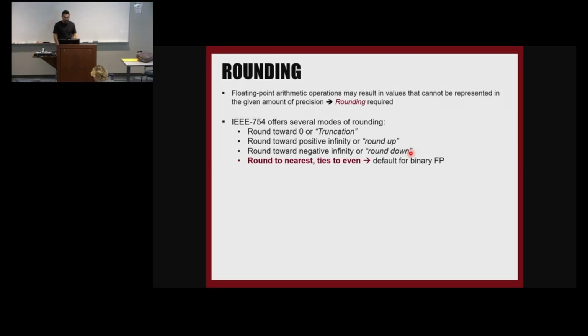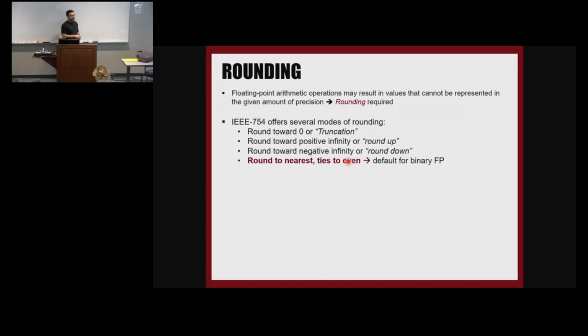Just a fun fact about rounding. So now let's talk about rounding. There are different mechanisms that you can do rounding. One is truncation. Truncation, as it's clear from the name, we just ignore the extra bits, as if we don't have them. We have round toward positive infinity or round up, so you just make it a bigger number.